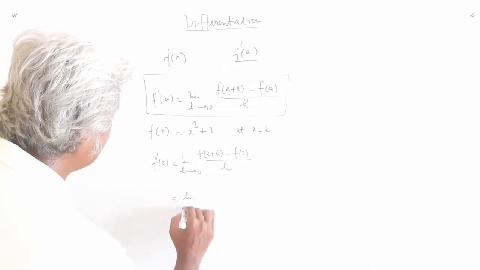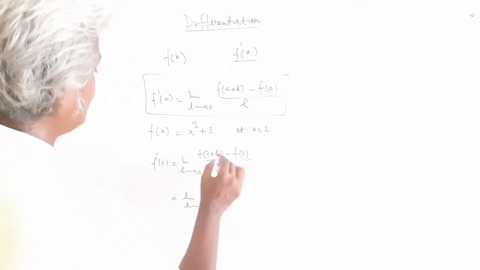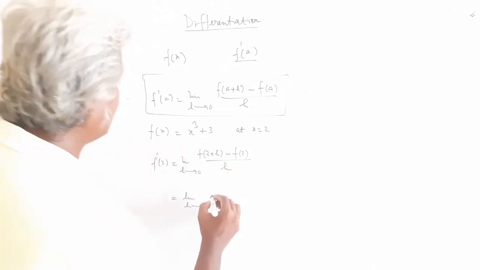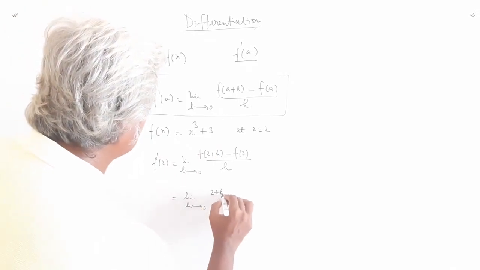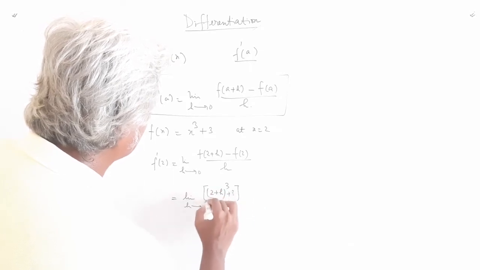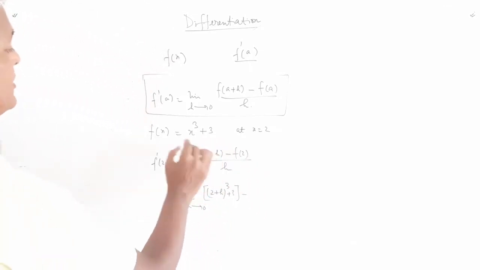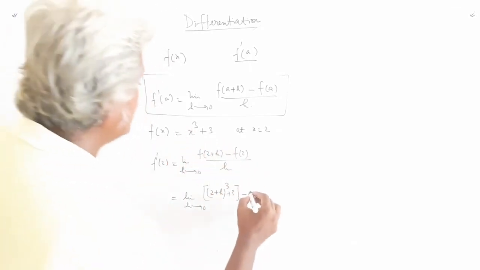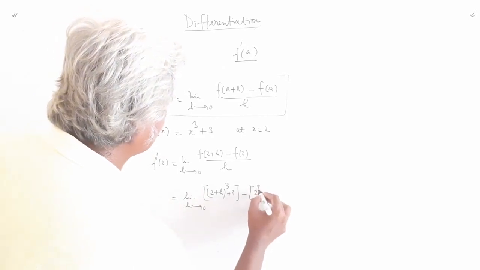Here f(2 plus h) means replace x by 2 plus h, so this becomes (2 plus h) whole cube plus 3, minus f(2), replacing x by 2, that is 2 cube plus 3, over h.